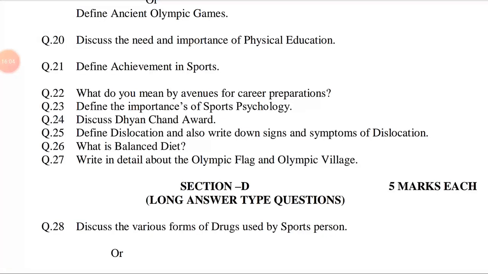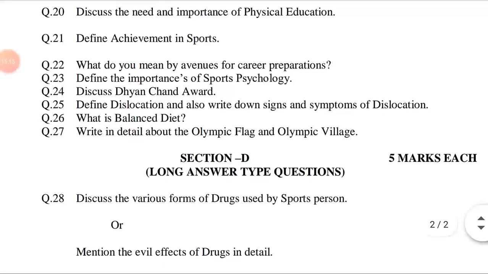Importances: growth and development, character development, leadership qualities, economic value, emotional development, national integration, social adjustment, mental development, promote sportsmanship, physical fitness, health and safe habits, international understandings.